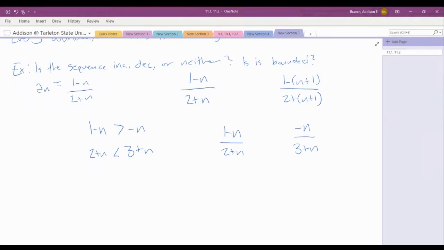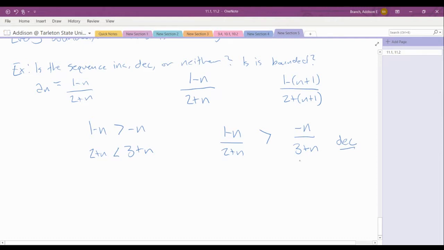And if our denominator gets bigger, that also implies that your function is decreasing. So therefore, we can say that 1 minus n over 2 plus n is greater than negative n over 3 plus n. So therefore, we are decreasing.